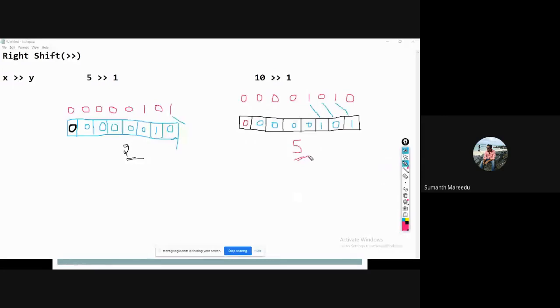So what happens when you say right shift? I'll take some number, say 24. Right shift by 2.